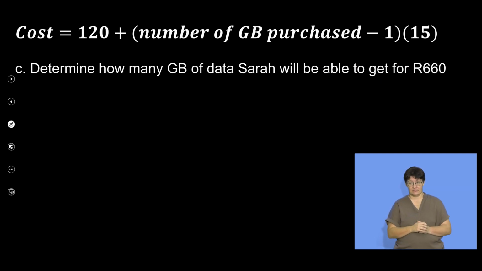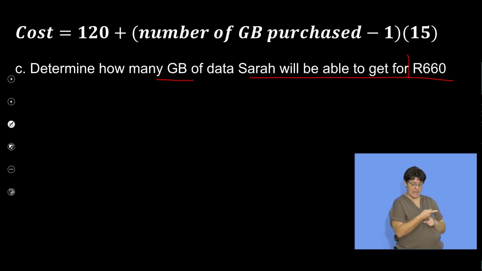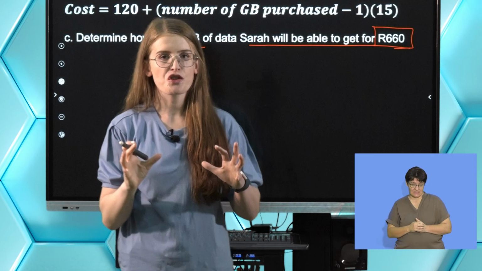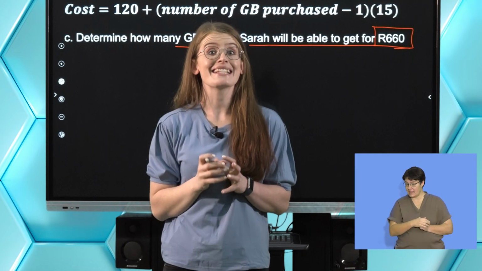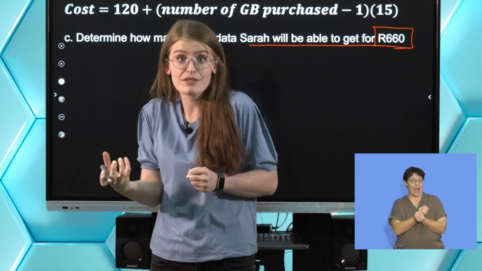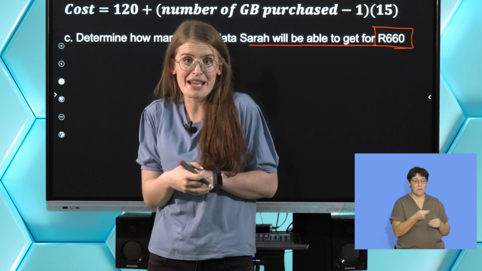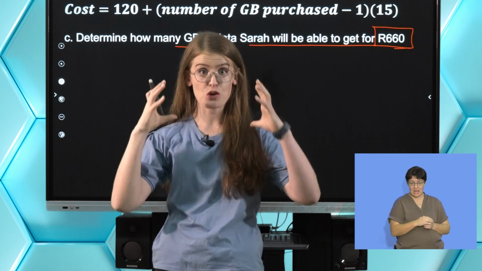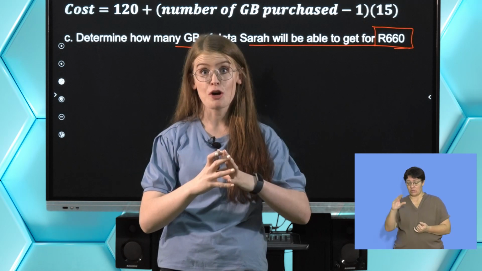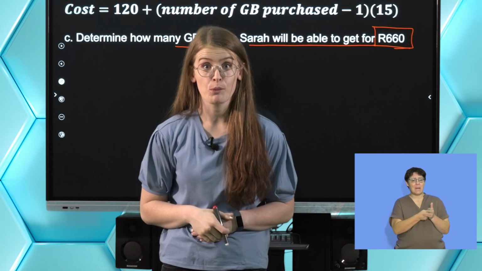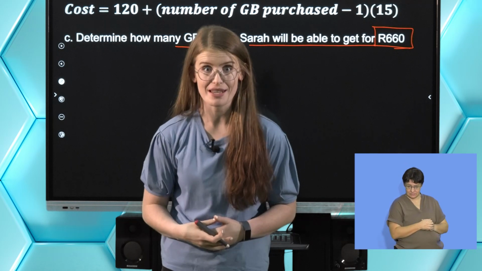And then the last part of this question is to determine how many gigabytes Sarah will be able to get for 660 Rand. So just a reminder, we've calculated how much it would cost for Sarah to get a certain amount of gigabytes. Now we are given the actual amount, and we're going to determine how many gigabytes Sarah will be able to purchase for this amount.